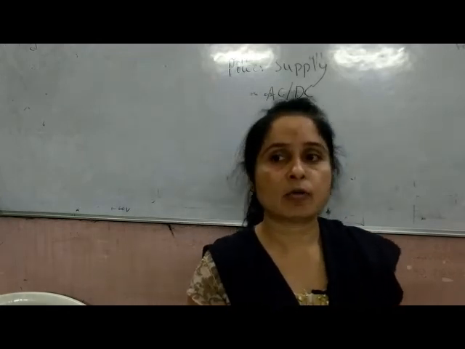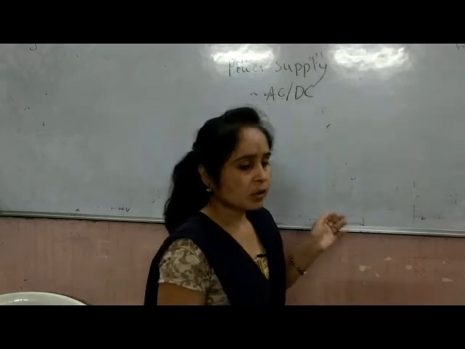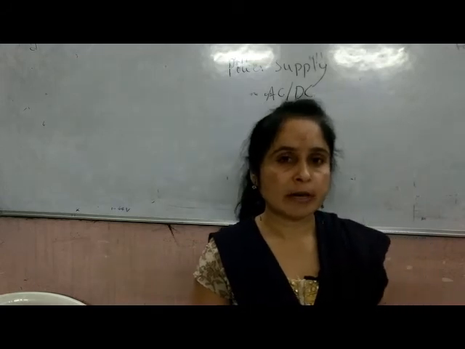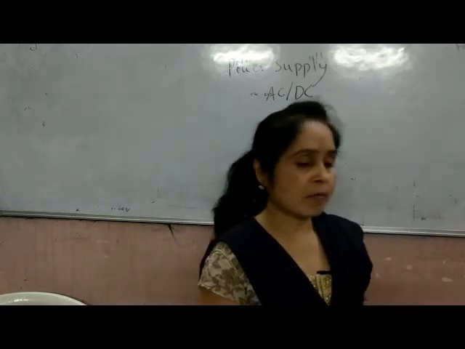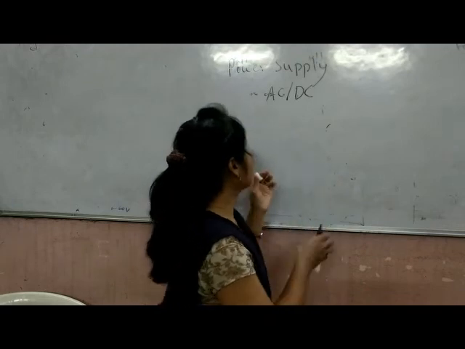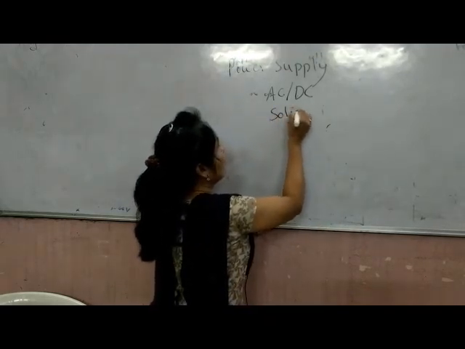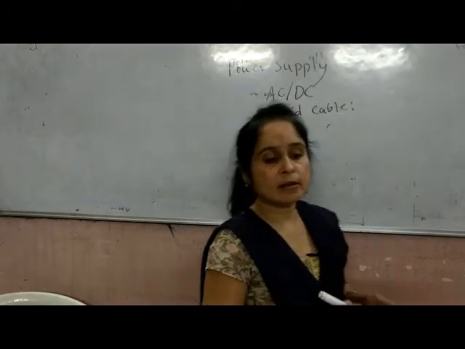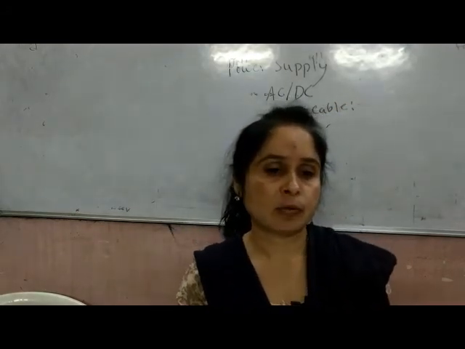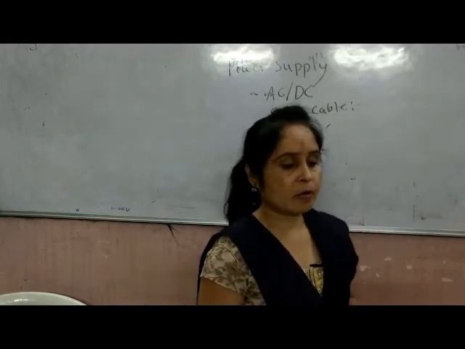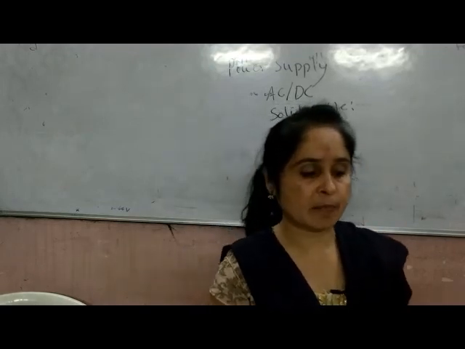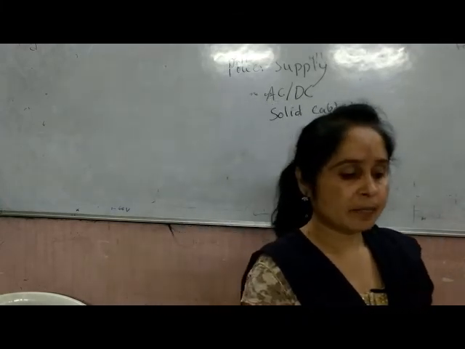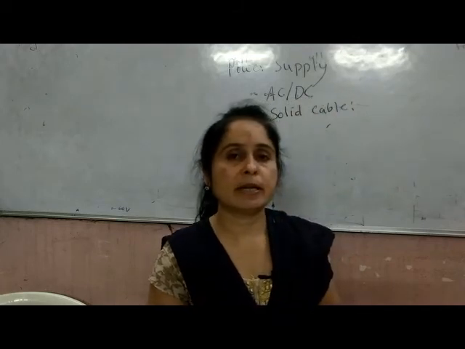Then secondly, we have to use solid cable. In the solid cable we get power in a single cable. Solid cable is a single type of cable, and we use it for more rigid types of experiments and for industrial purposes, many types of purposes.